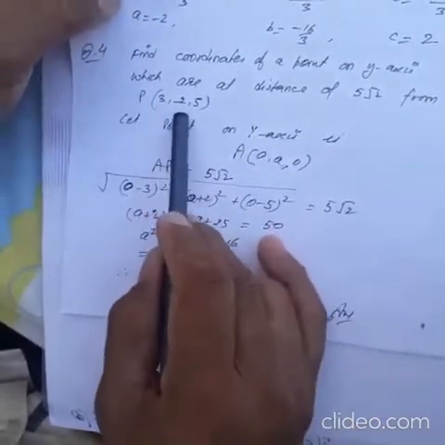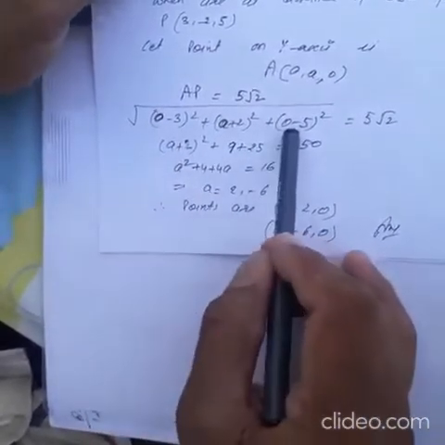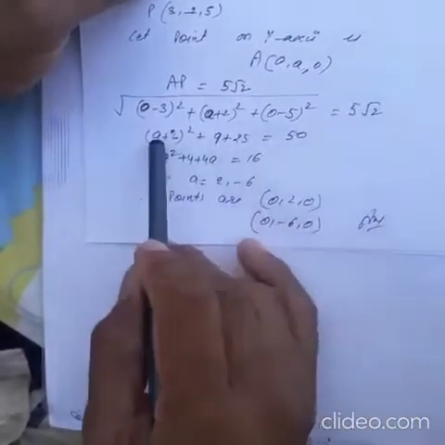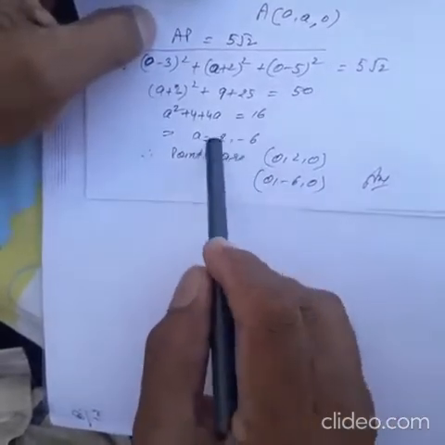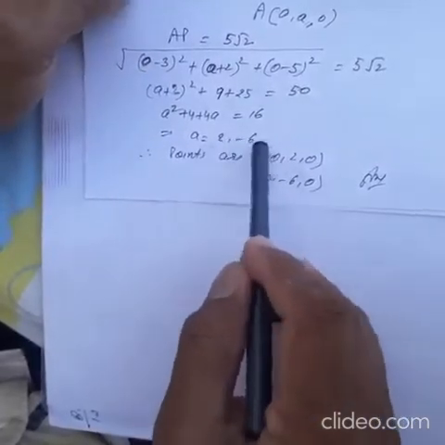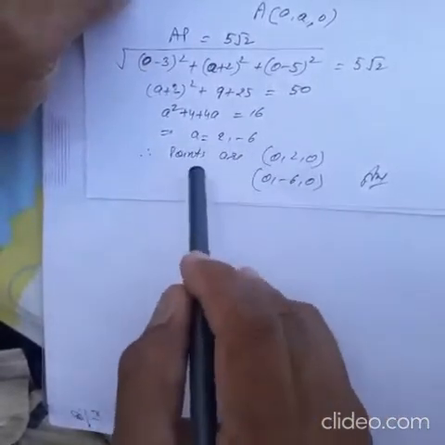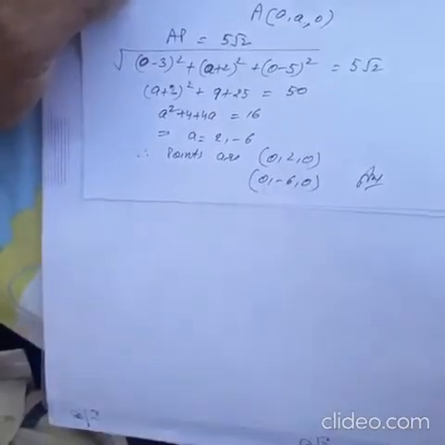P point is given to us as (3, -2, 5). So distance AP is equal to 5 root 2, squaring both sides and find value of a. You'll get two values: a is equal to 2 and a is equal to -6. Both values will give correct answers. So the first point is (0, 2, 0), second point (0, -6, 0). I hope it is clear.